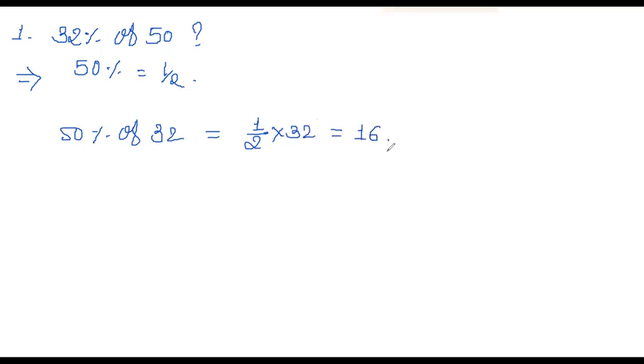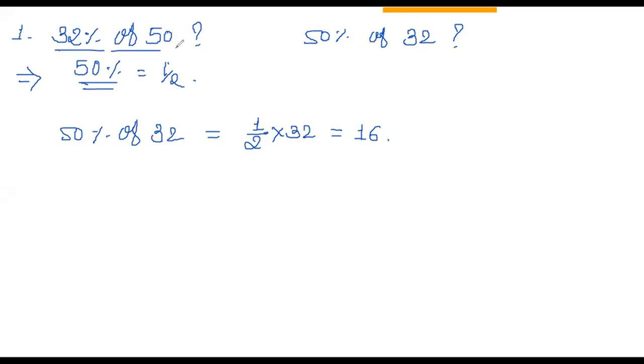So 32% of 50 is the same as 50% of 32, because A percent of B is the same as B percent of A. You can also calculate 32% of 50 as 32 divided by 100 into 50, and you will get the same answer.